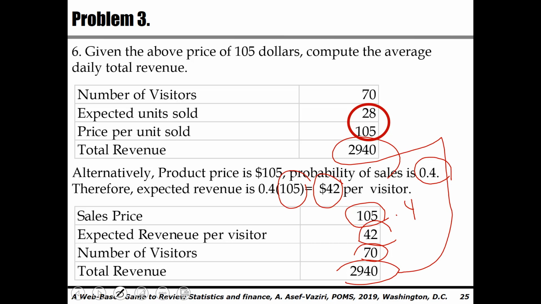We can multiply 0.4 by the number of customers, then multiply the result by actual price, or we can multiply the price by the probability and then multiply it by actual number of visitors. Both will give us the total revenue.